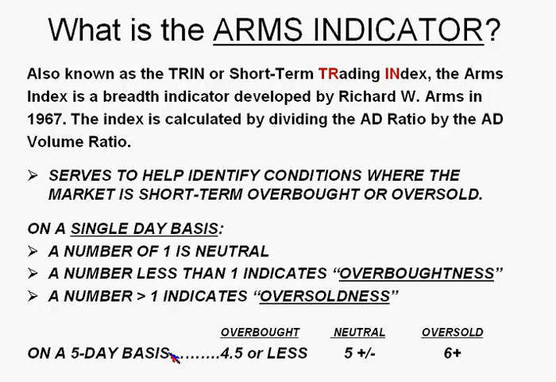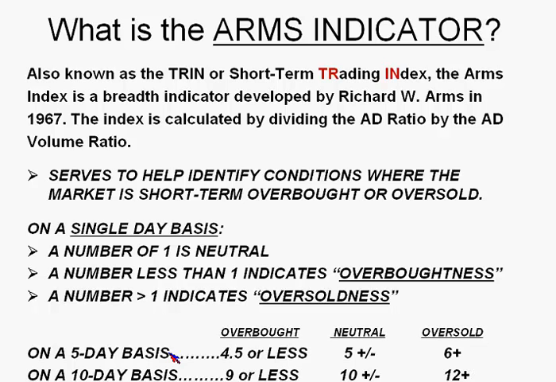You might have had one in there that was a little higher than 1, but the total of the 5 came out to be 4.5 or less. That's telling you that you're overbought. Okay, so 4.5 on a 5-day total is overbought, and neutral is 5, and oversold is 6 or greater.